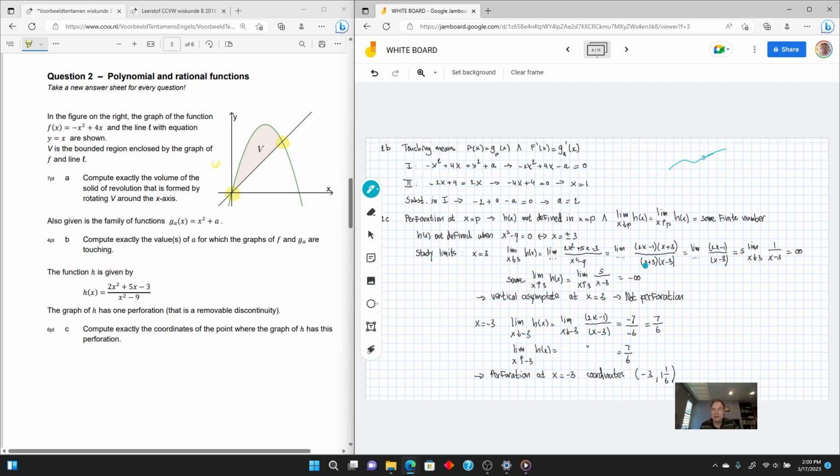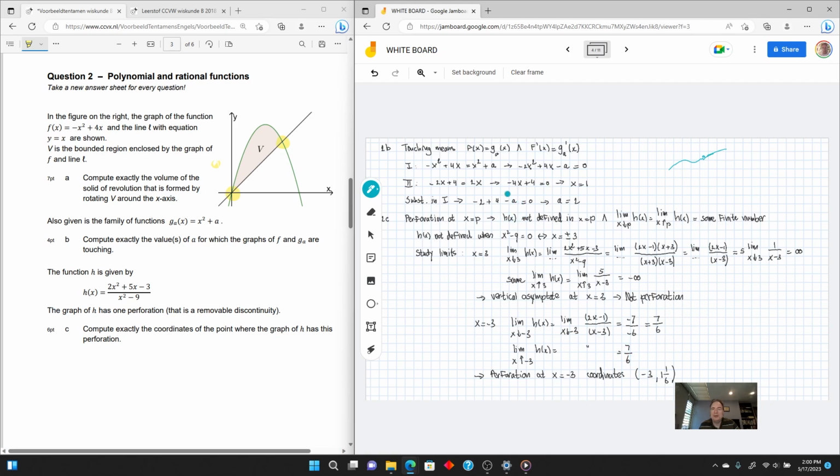So you can again drop this x plus 3 divided by x plus 3. And then if you substitute these, you get minus 7 over minus 6, which is 7 over 6. And it doesn't matter if you approach -3 from below, you get the same 7 over 6.